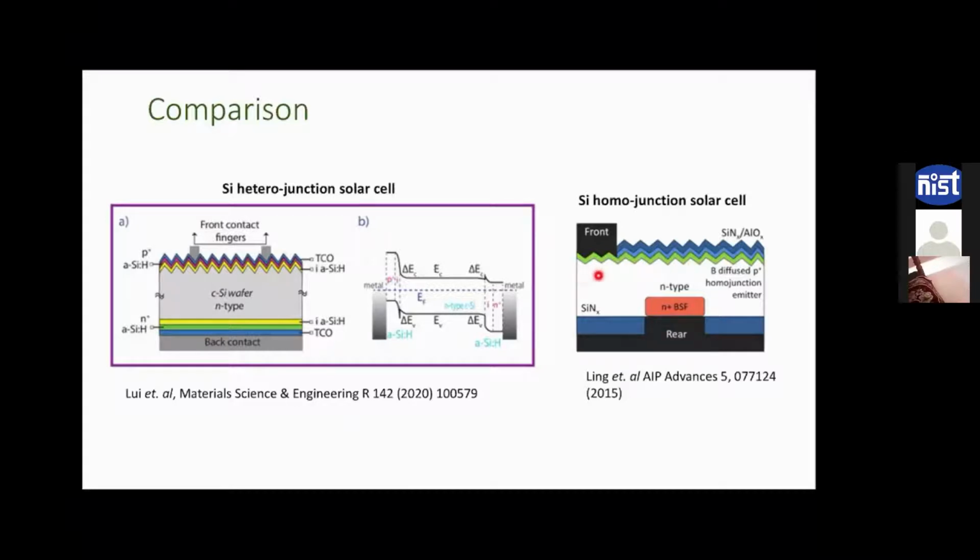And this p-plus layer is a crystalline p-plus layer. What I mean is that this p-n junction is actually a homojunction because we are not changing the material. We are just doping the crystalline silicon material with a different dopant. So this is a typical example of a homojunction solar cell.